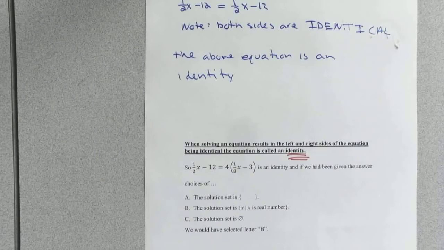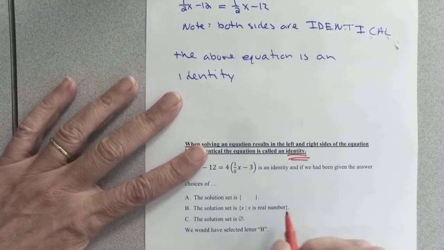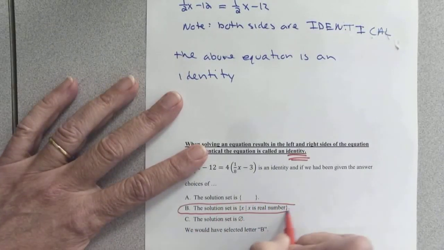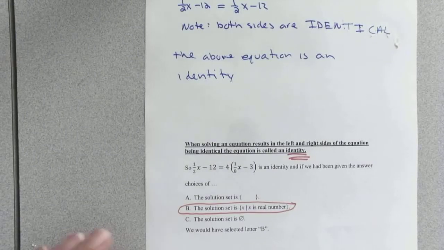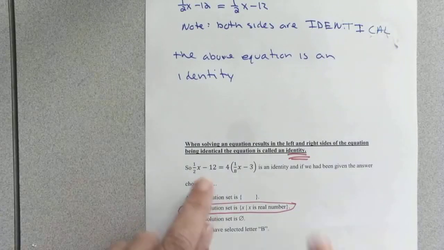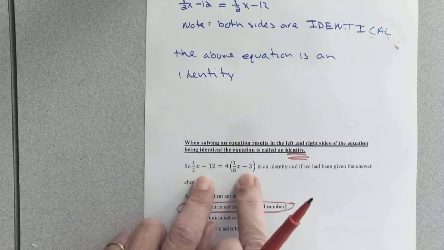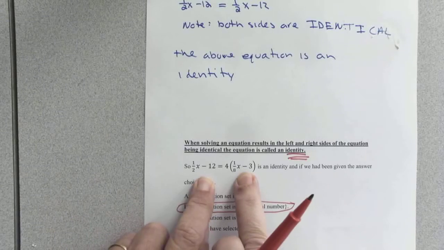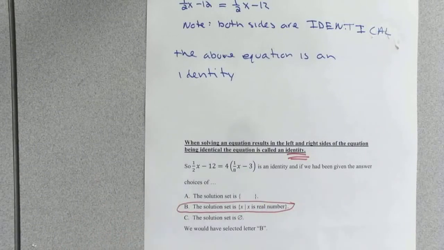And if we are given these choices here, we would select B. Because what an identity is saying is that you can put any value of x in there and both sides will come out being the same because both sides really are identical. So any value of x will work.